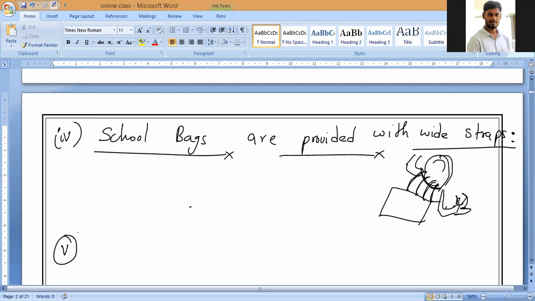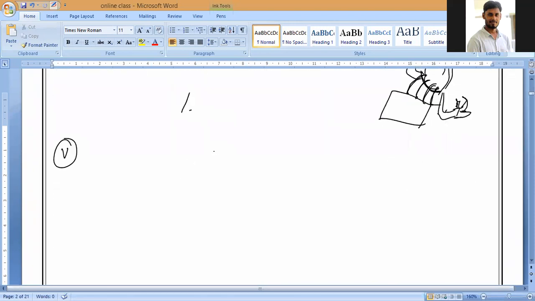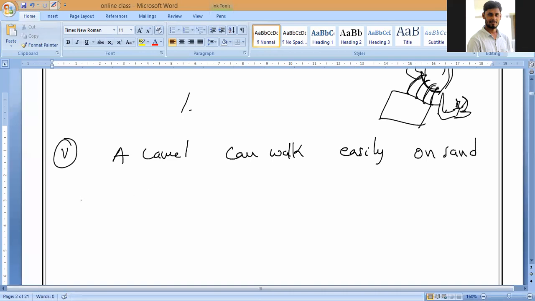So the next one is camels. As I said yesterday also, if I keep a running race for you and a camel in the desert, who can run fast? The camel. Because the camel is a desert animal, it can walk easily on sand as compared to human beings.